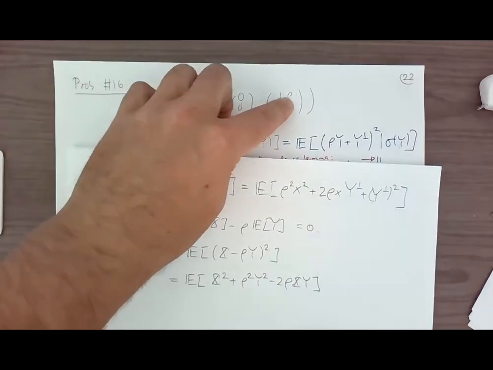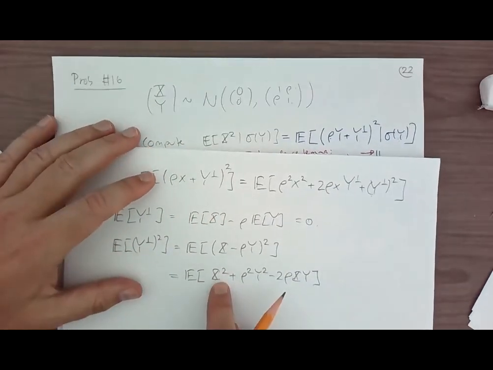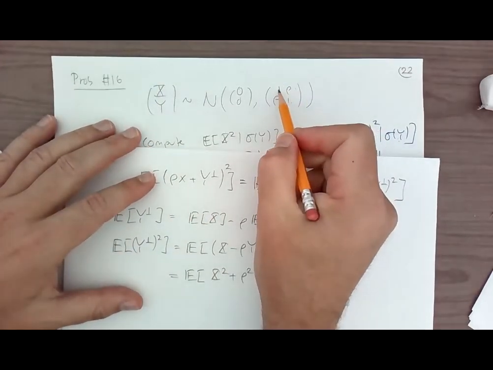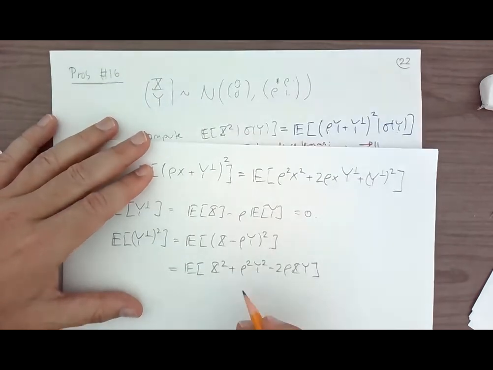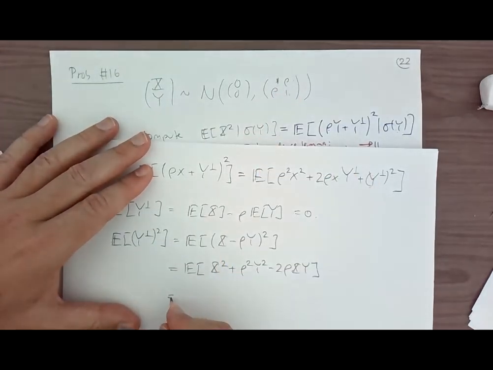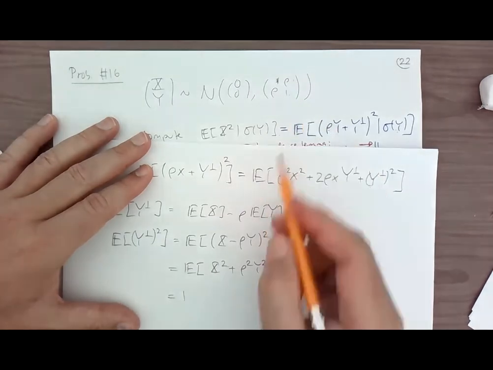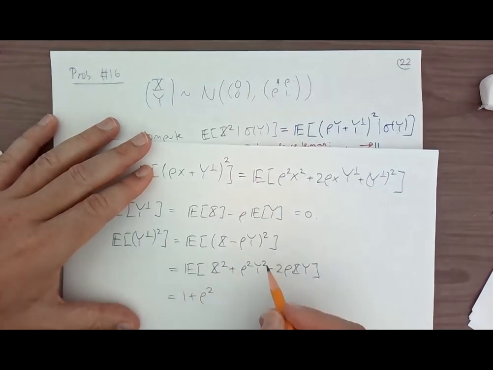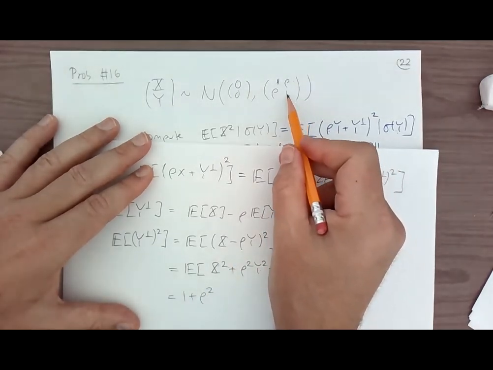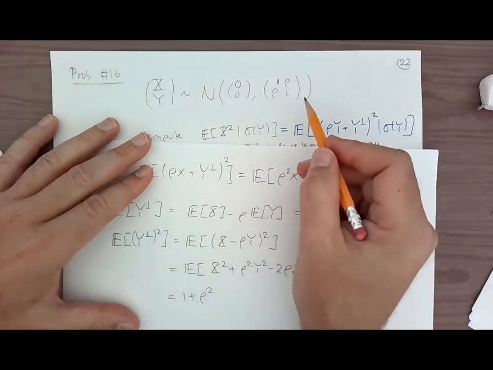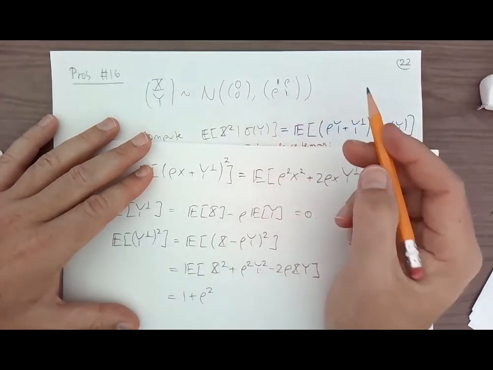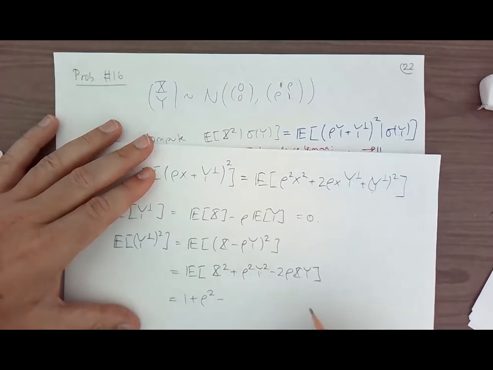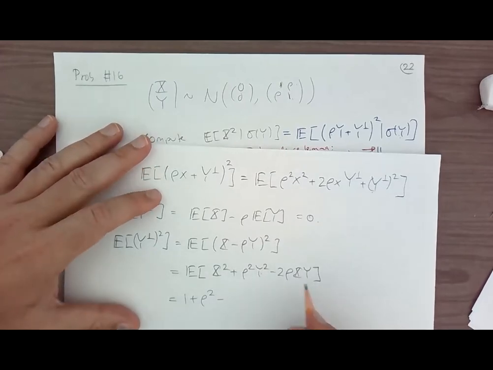And so now we're going to be working over in the variance covariance matrix. You have x squared. That's the one you have up here. This is the variance of x. That's a 1. Then you're going to have rho squared times the variance of y. That's the second moment of y. What you're going to find down here. And then you're going to have minus 2 times rho.